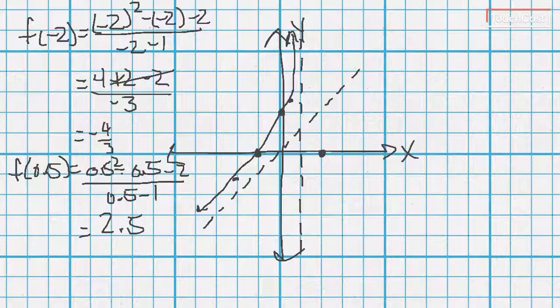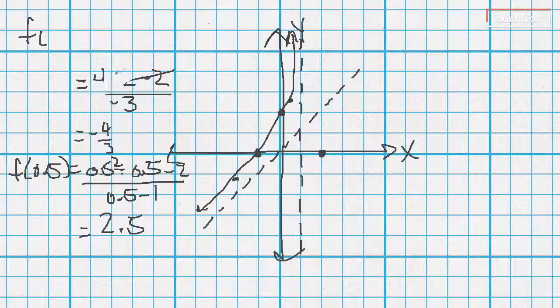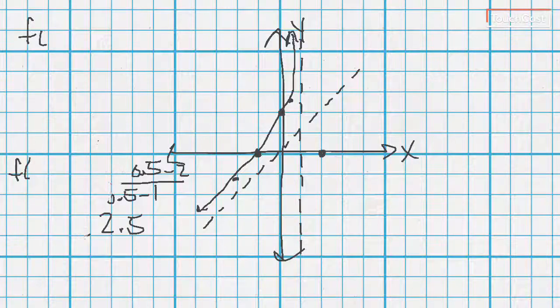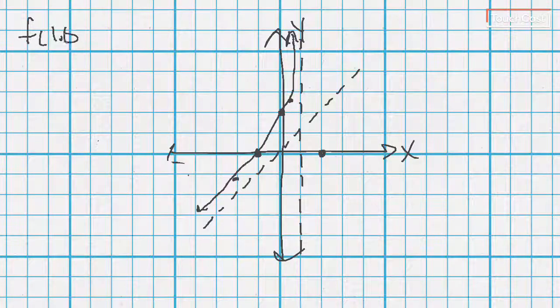We need to ask ourselves, let's pick up x to the left and to the right of 2. And we can't do 1. So what if we do 1.5? And what if we do 3? So let's do the 1.5 first. So we're looking for f of 1.5.